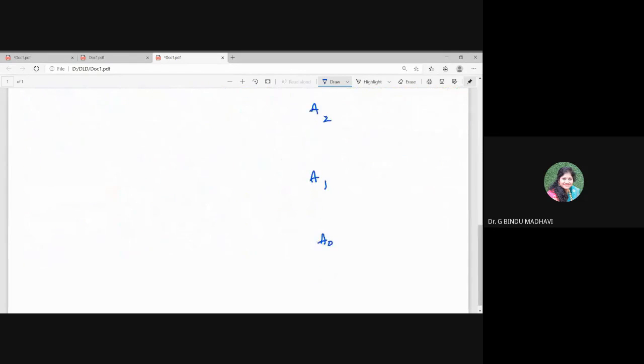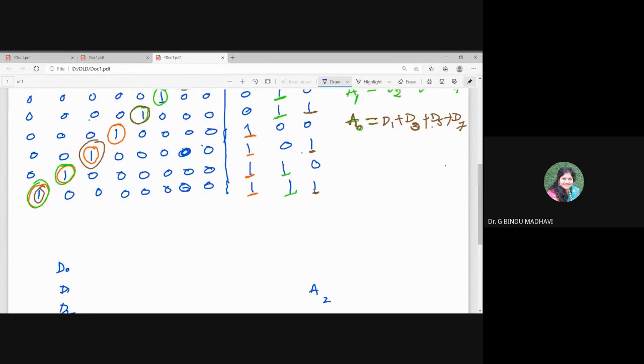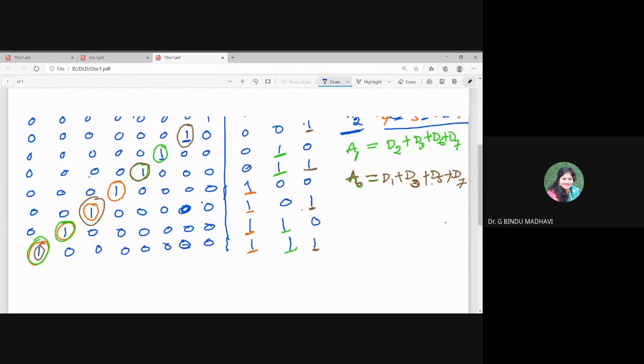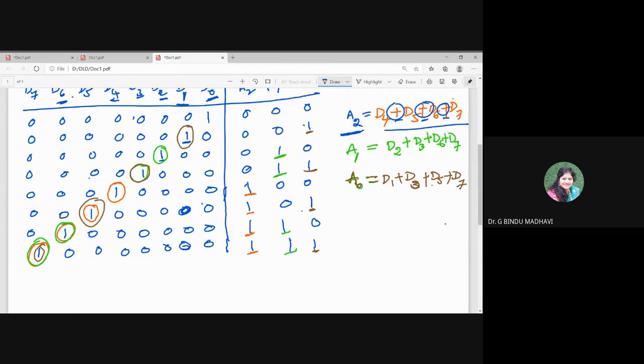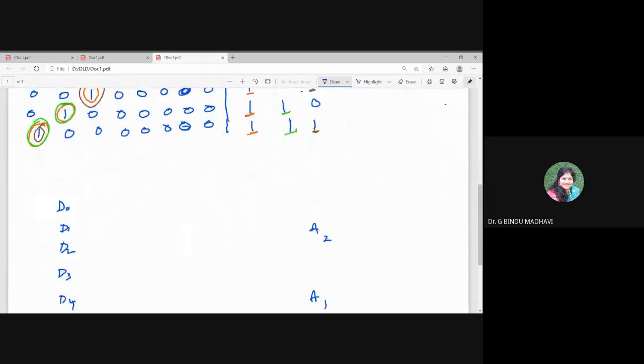So I'm writing the input variables as D0, D1, D2, D3, D4, D5, D6 and D7. Okay. So these are the input variables. Now to get A2, D4, D5, D6, D7 will be supplied to the OR gate.